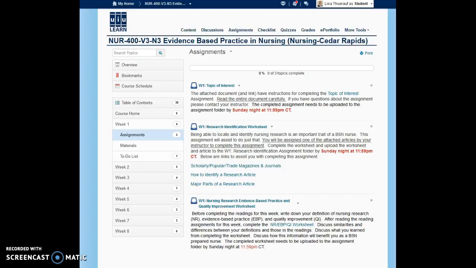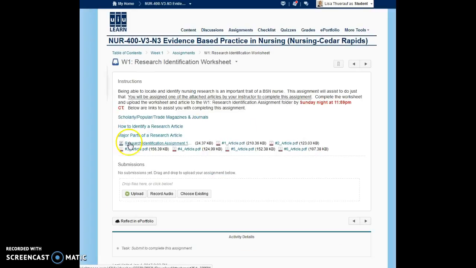So you will write up your topic of interest, you will turn that in, and I will give you feedback. The research identification worksheet, you will be assigned a article to read, and you will take that article and you will fill out this worksheet right here.